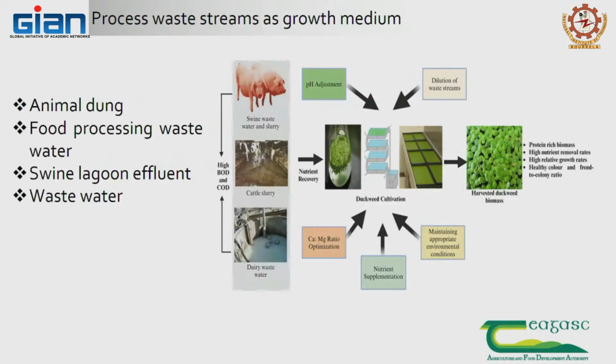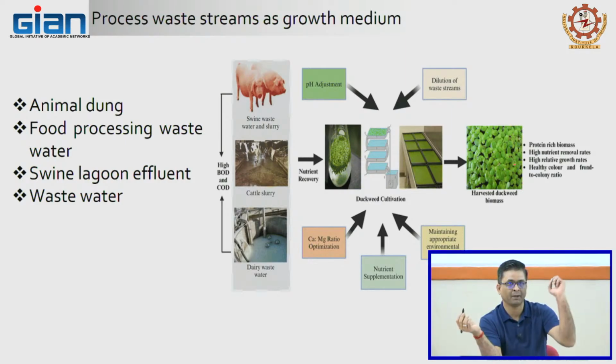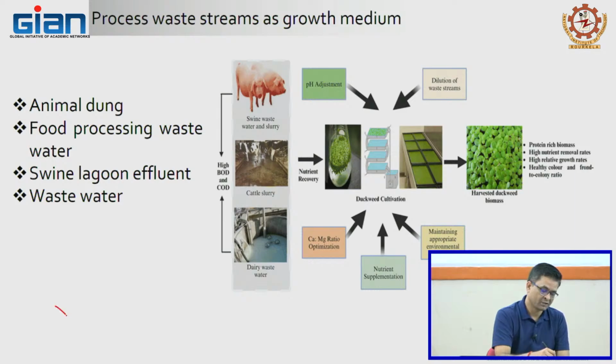How difficult is it to grow duckweed? Go to a river or pond, pick one plant, put it in the water, and in 2-3 days it will double, then from there you start cultivating. From one wheat seed, how many seeds can you get?